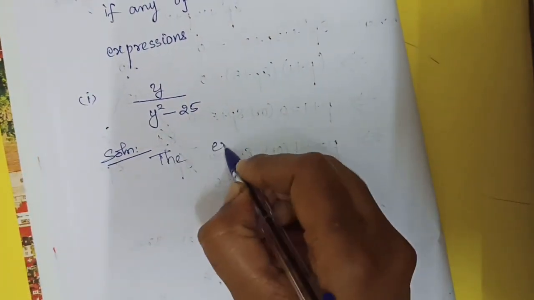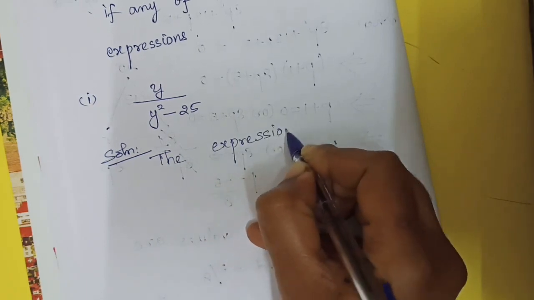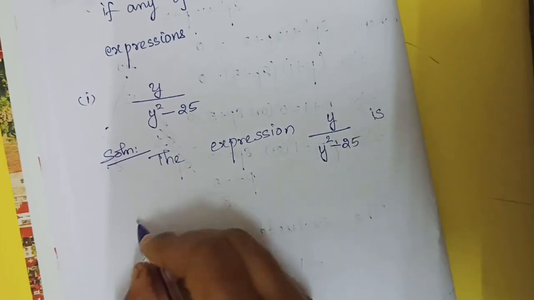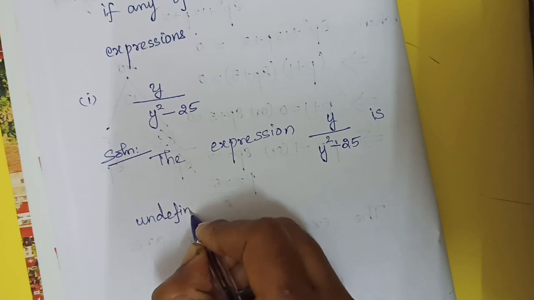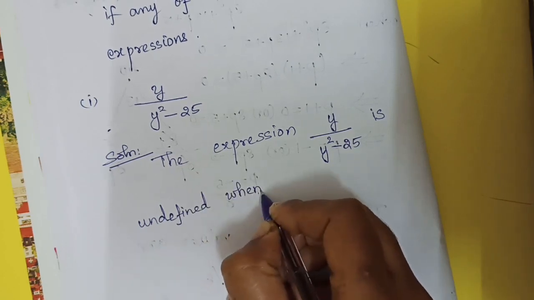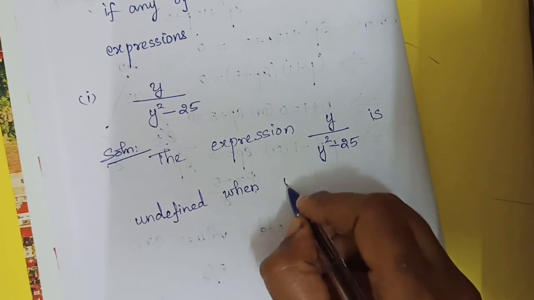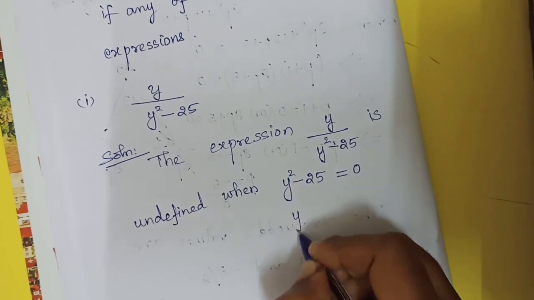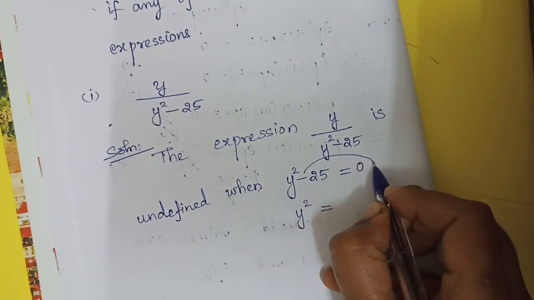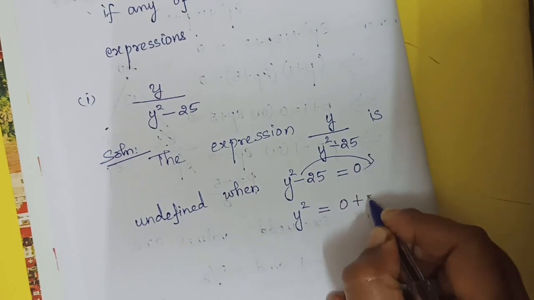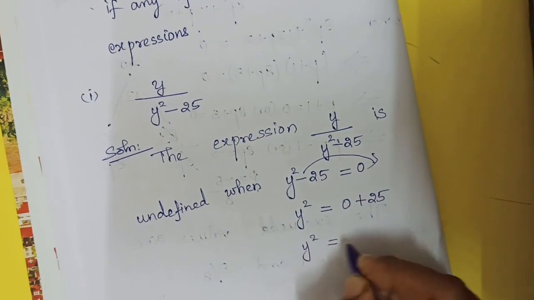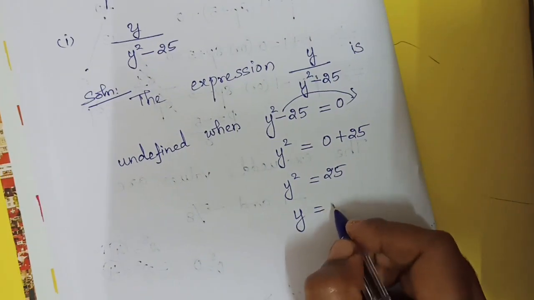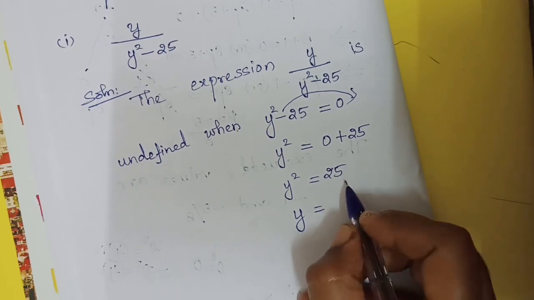The given expression y by y square minus 25 is undefined when the denominator is 0. What is the denominator here? Y square minus 25 equal to 0. On transposing, y square equal to 0 plus 25, so y square equal to 25. What are the possible numbers which, when we square them, give 25?